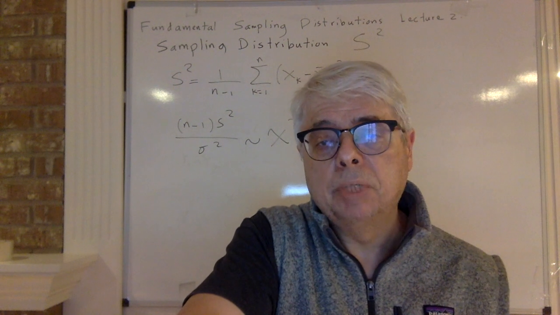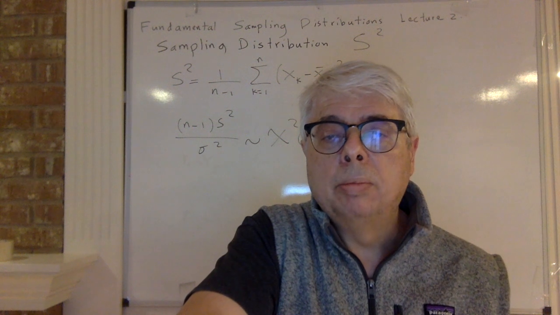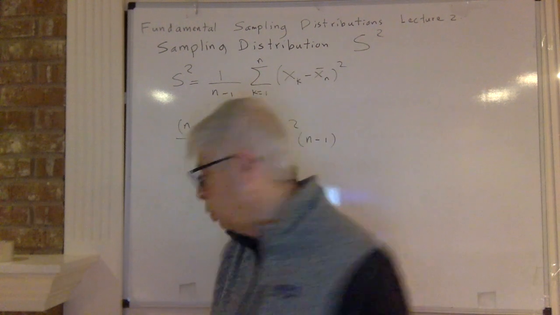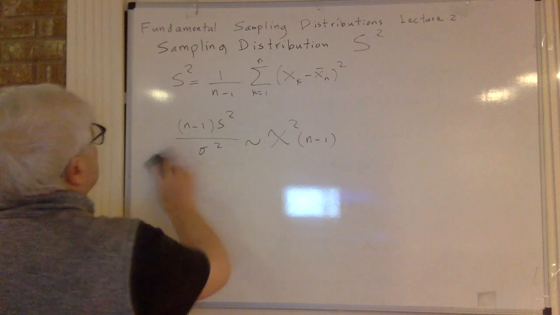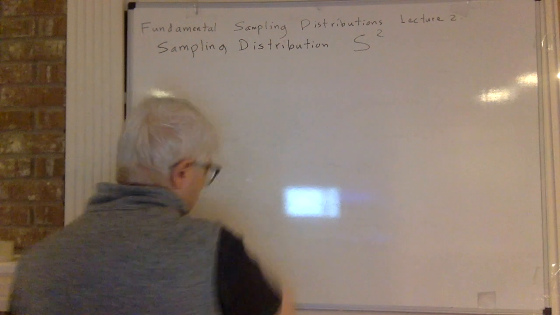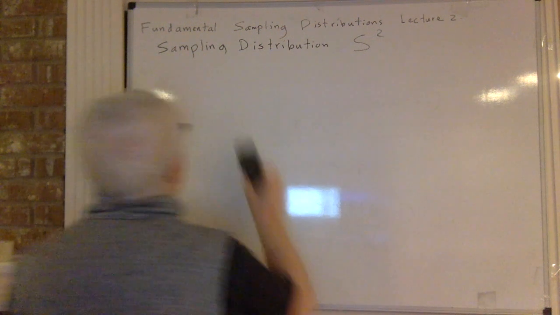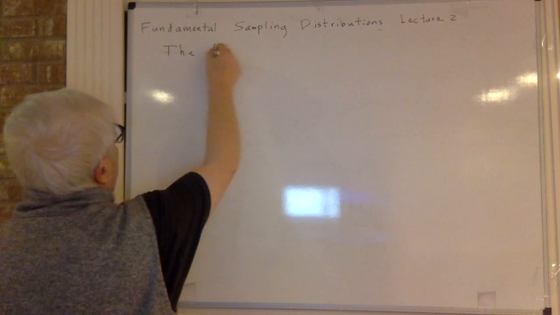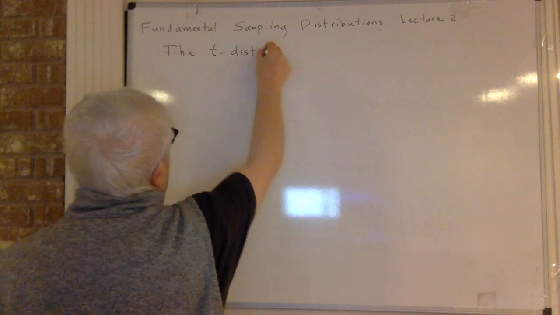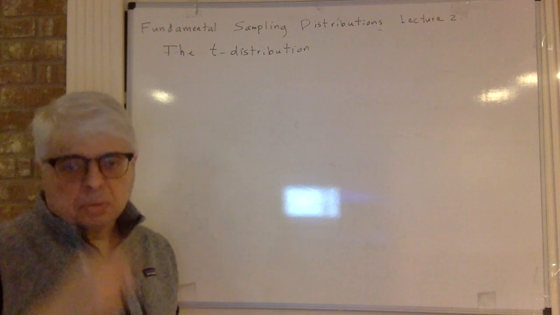Then there is another distribution to discuss, and that is the T distribution. So the T distribution is this.